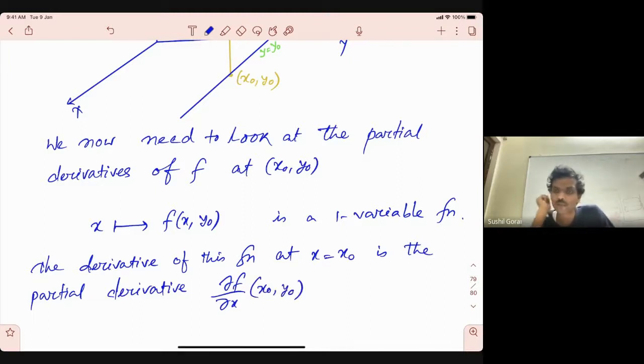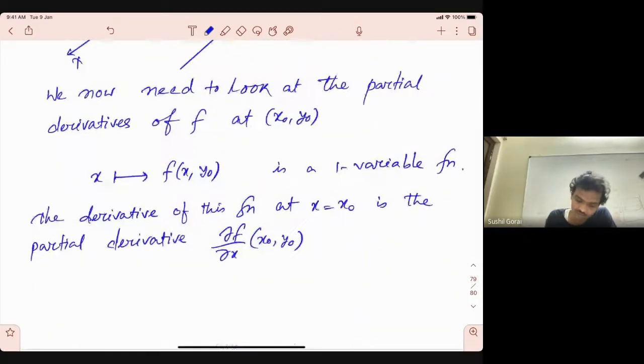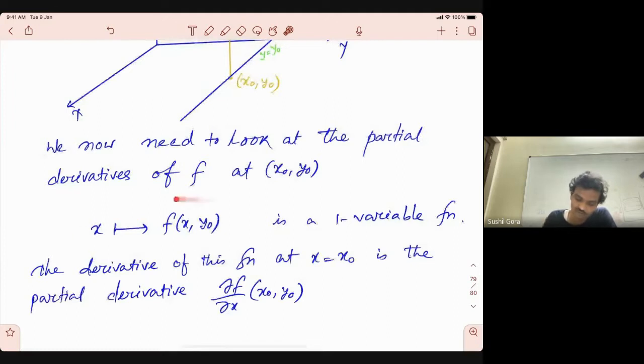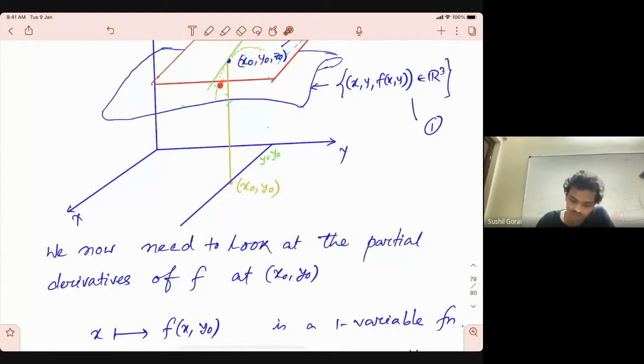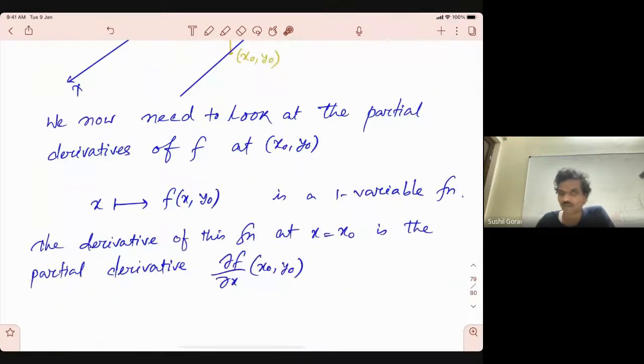Is this clear, everybody? So this becomes a one variable function, so the derivative of this one should be the slope of a tangent. Tangent to what? Tangent to its graph, and its graph is this line. So the tangent will be this one, and the slope of the tangent will be this, right?